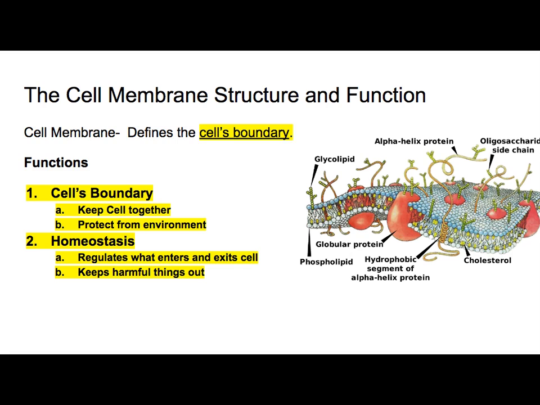It obviously surrounds the cell. We are considered animal cells, okay? No animals have cell wall. So this truly is our boundary. So when I talk cell membrane, I will talk via animals, or via us, okay?